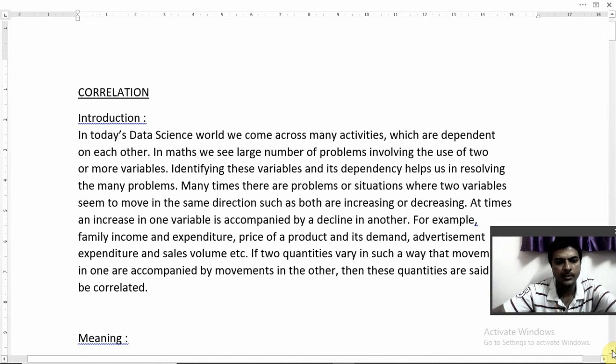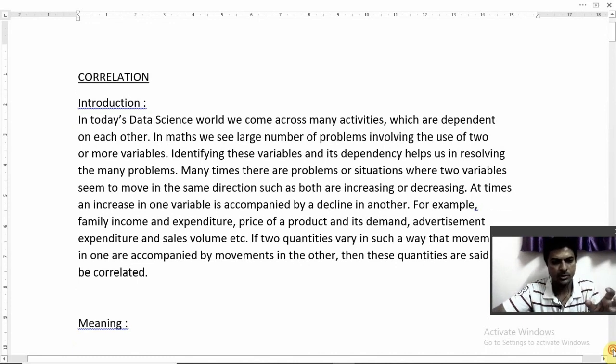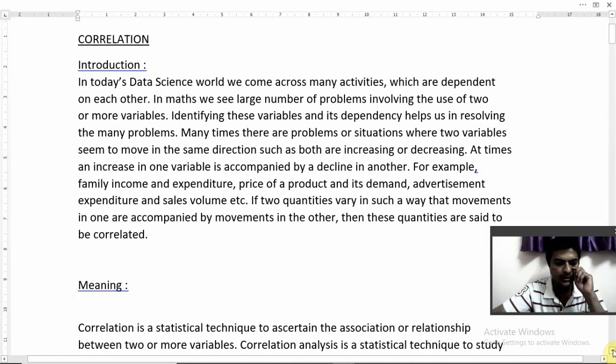So for example, family income and expenditure, price of production and demand, and advertisement expenditure and sale volume. If two quantities, like the ones we have taken previously, vary in such a way that the movement in one is accompanied by movement in the other, then these quantities are said to be correlated.